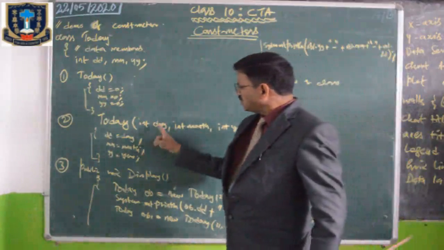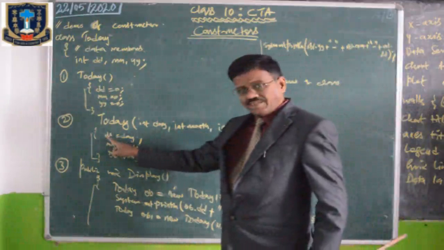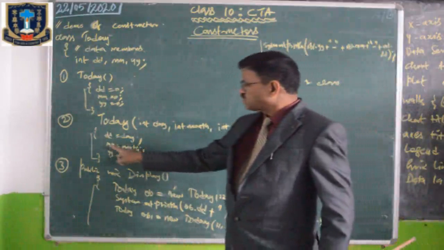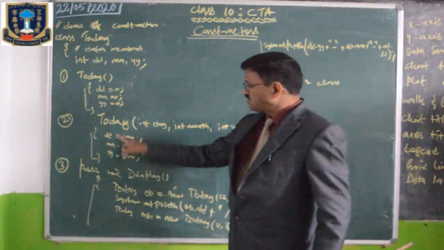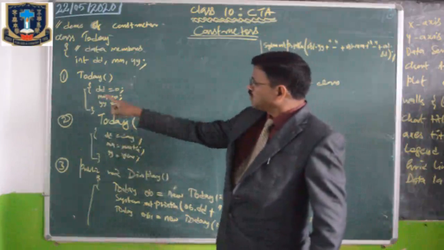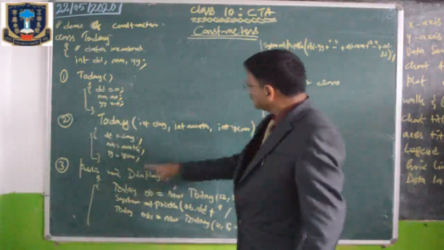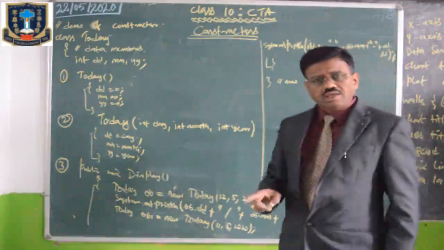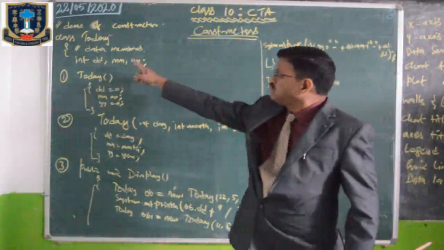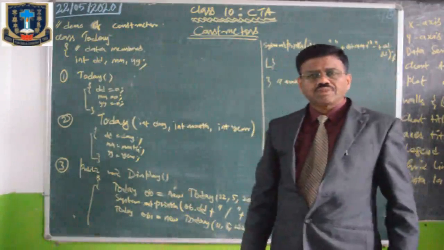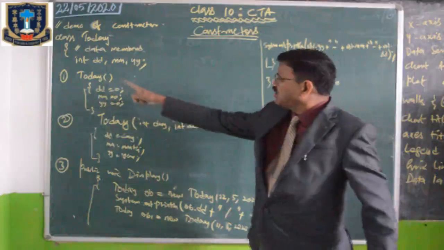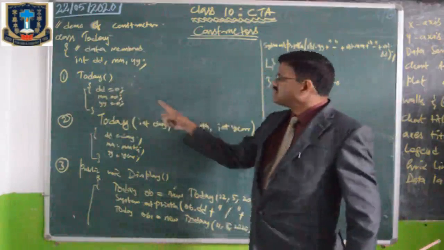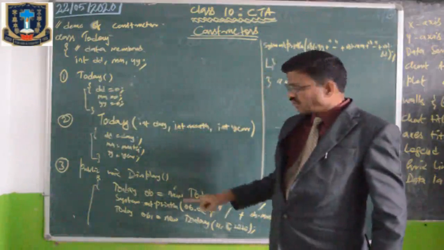So this 22 will be stored in dd, 5 will be stored in month, and 2020 will be stored in year. Once it is stored, you can use it here, here and here, because you have declared them as global. Right? Now, this is called a non-parameterized constructor, this is called a parameterized constructor.